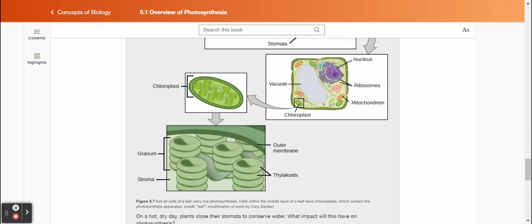Figure 5.7. Not all cells of a leaf carry out photosynthesis. Cells within the middle layer of a leaf have chloroplasts, which contain the photosynthetic apparatus.